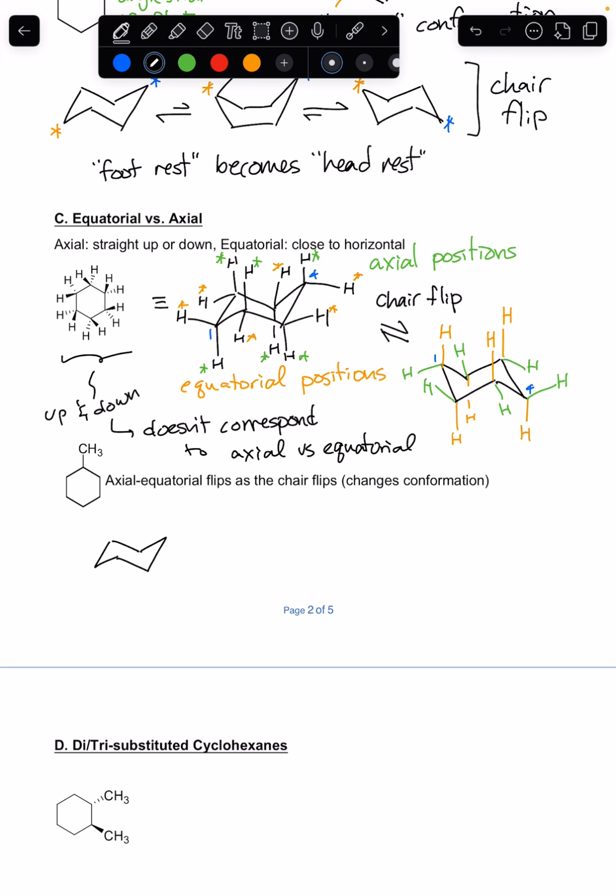Okay, in one conformation, this methyl group could be in this position, and once the chair flips, I hope it makes sense to you that the methyl group will be in that position, right? We would call this the equatorial conformer.